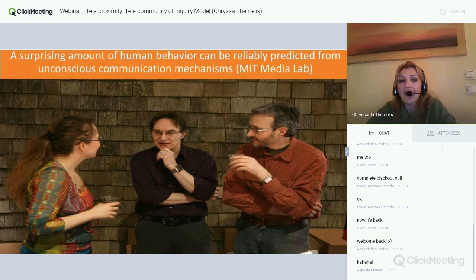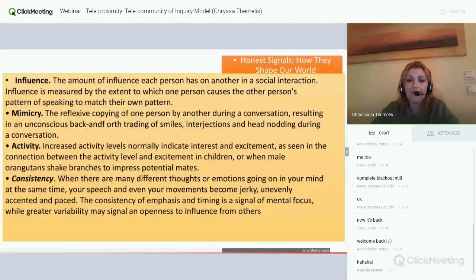So this unconscious communication mechanism has to do with influencing one another, mimicry, how we imitate smiles, head nodding during activity, how energetic and how happy we are, fluency and consistency of speech.